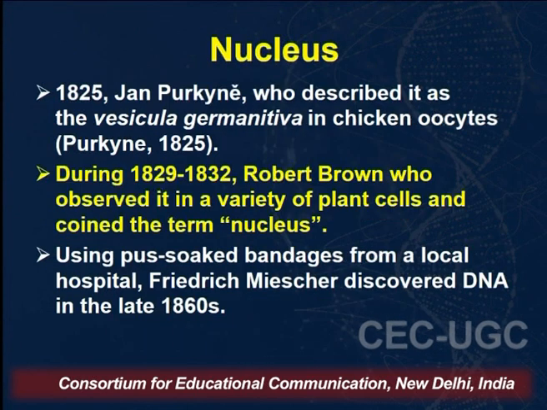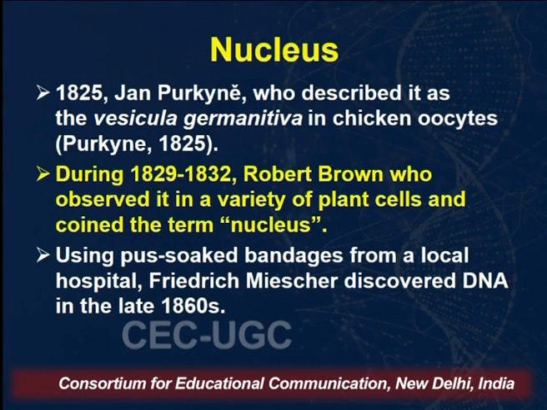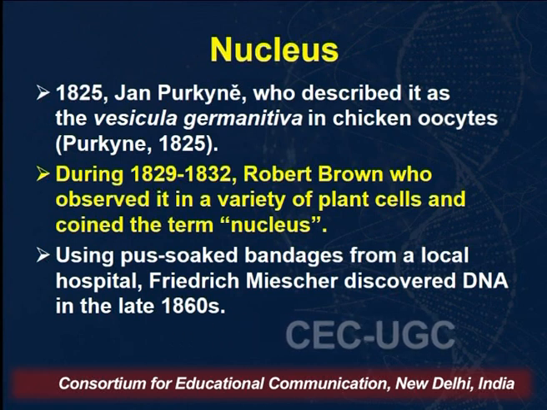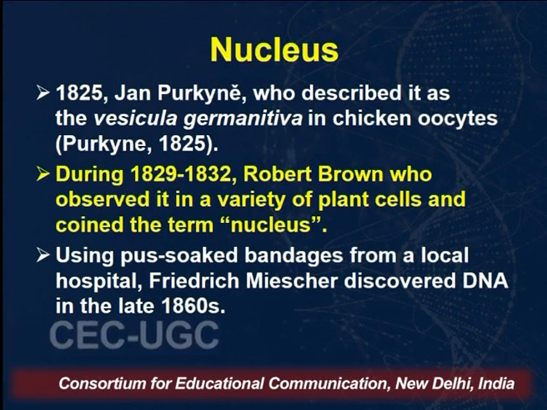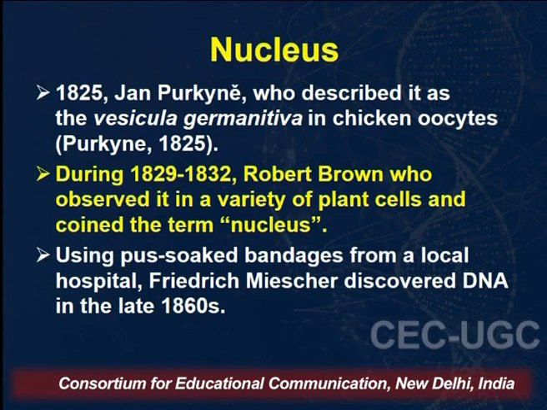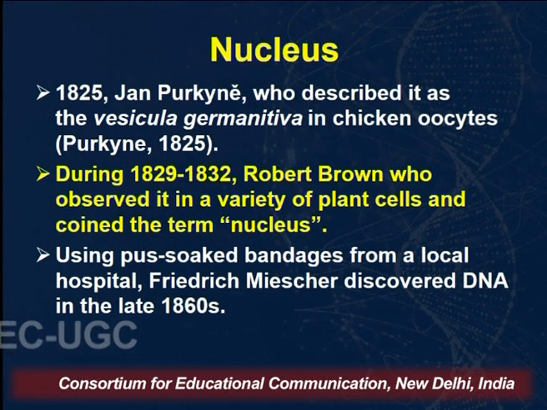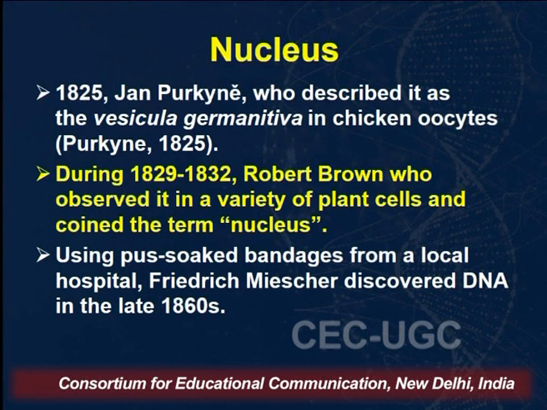Subsequently, in the years 1829 to 1832, Robert Brown first observed a variety of plant cells and came up with the term nucleus. And subsequently another scientist in the 1860s, Friedrich Miescher, discovered DNA in pus-soaked bandages from the local hospital. So that's how the nucleus name, identification and recognition came into the picture.